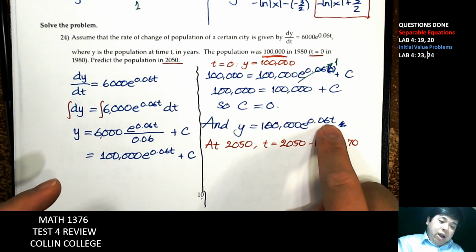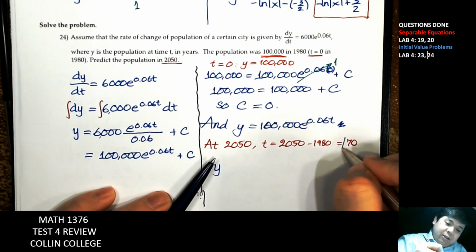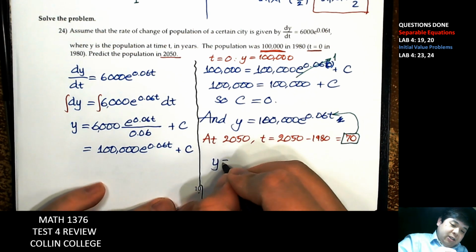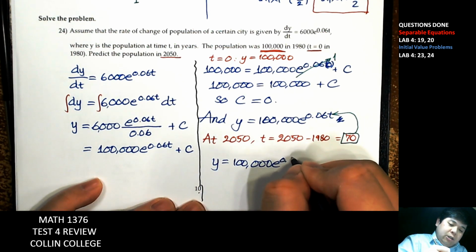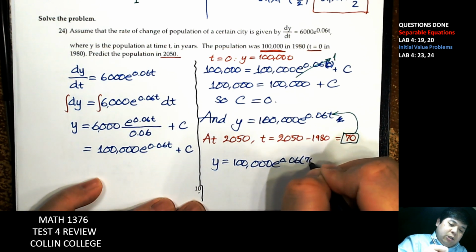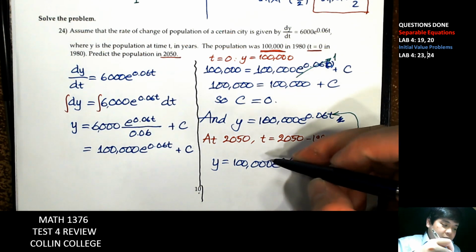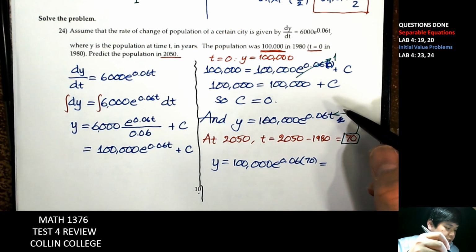And then we can substitute back in there. So 100,000 times the exponential function of 0.06 times 70.